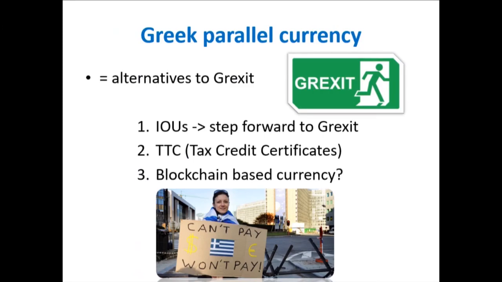We have 7 more minutes, so I will skip these parallel currency proposals that were suggested as a possible solution for the Greek indebtedness crisis. In a nutshell, there were IOUs, types of representative money that we already learned about.